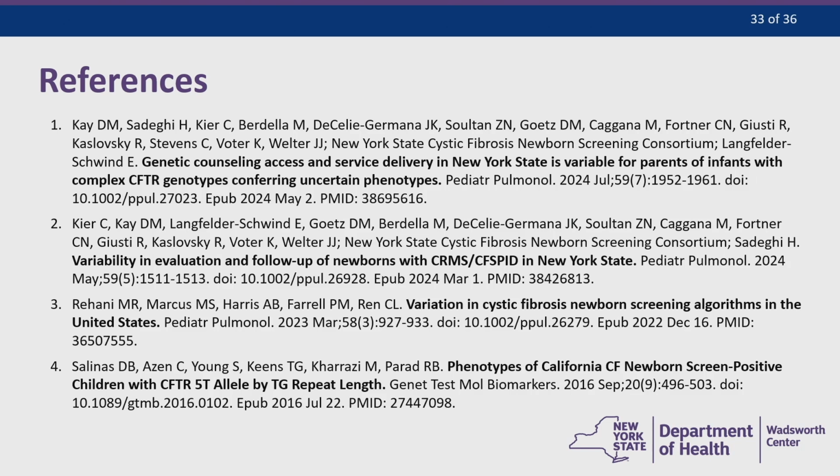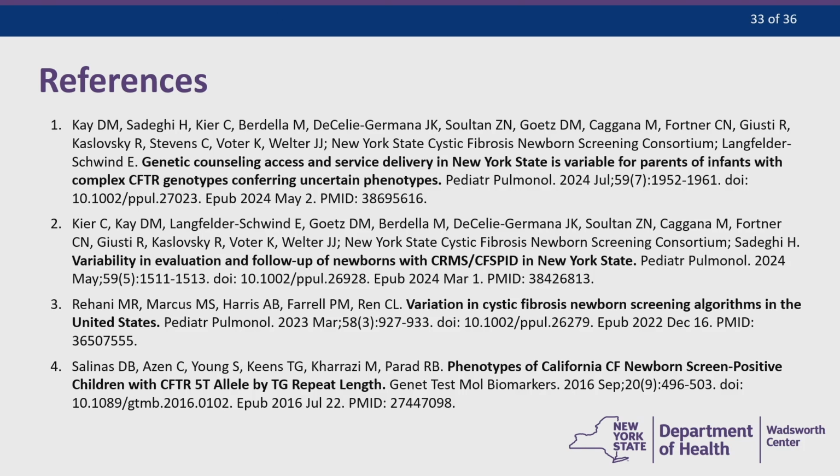I'm trying to ease our doctors into thinking about this, because the idea at first was we want to make sure that any baby who has CF is caught early. What we've seen from our data is that none of the babies with CRMS CFSPID have developed CF. We've had 2 that have converted to CF much later, and the symptoms are not failure to thrive in infancy.